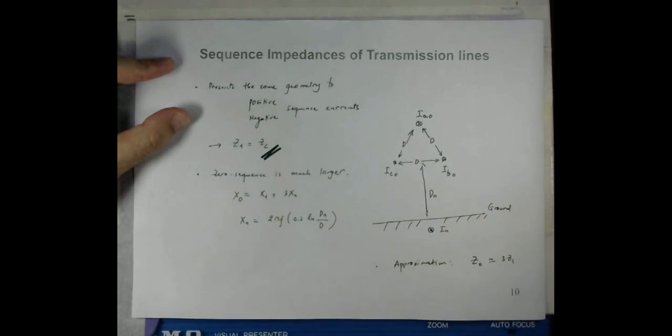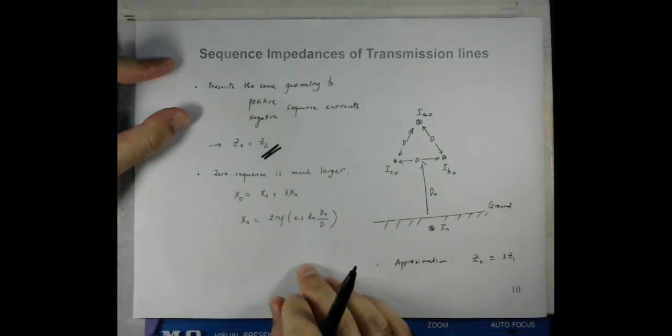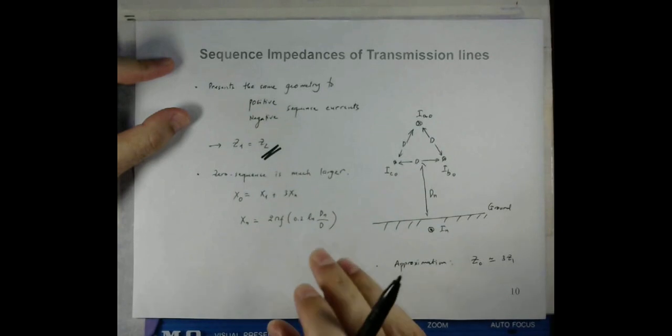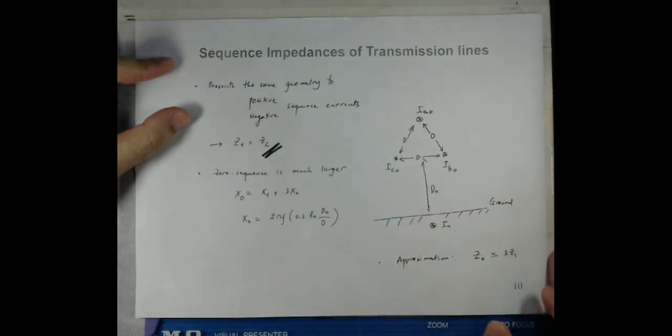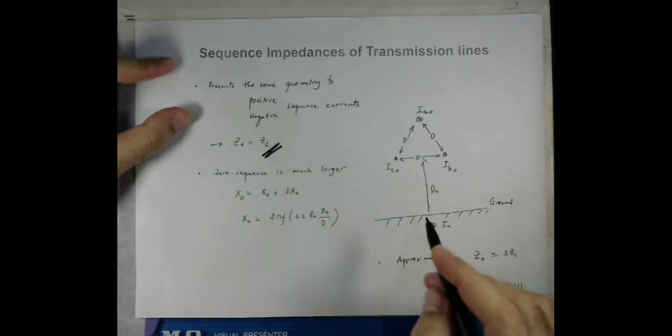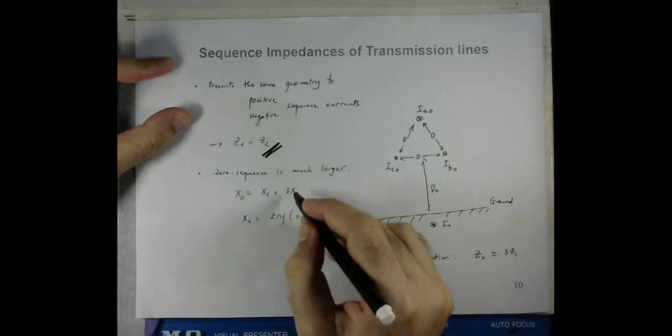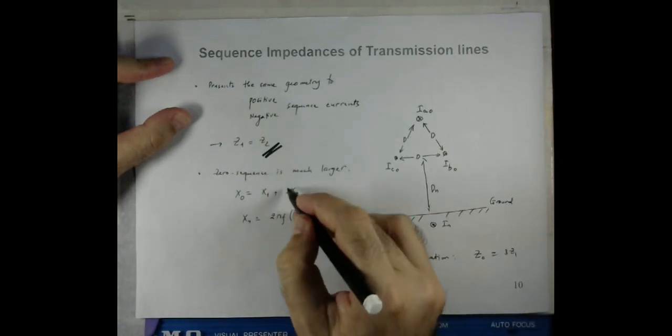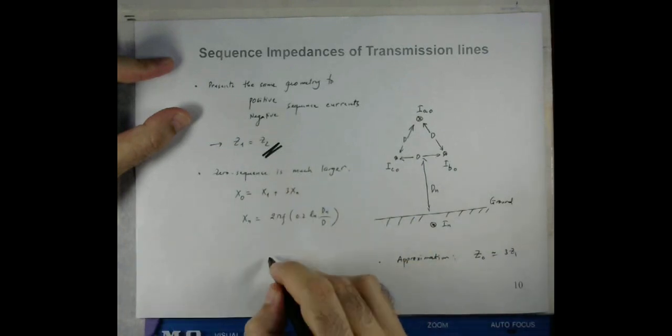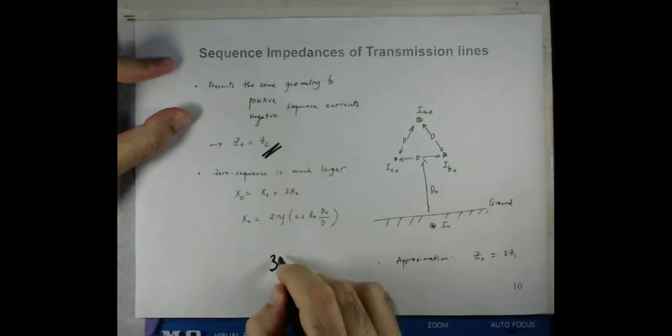And if you talk about the zero sequence current, or the zero sequence impedance, then obviously the impedance to the ground is involved. Which, as we have already discussed, gives us 3Zn.